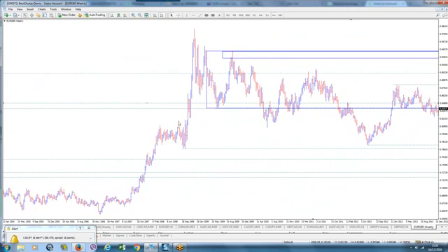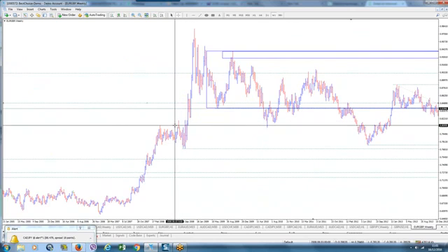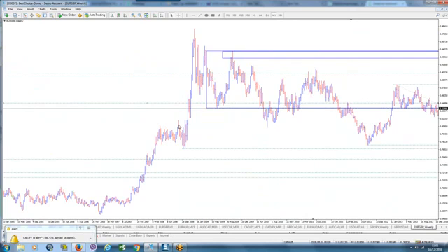Hold on. So is it this one here? Yeah, yeah. With a red candle, you just go to the lower part of the body of it. There you go. So high 8186. Okay.